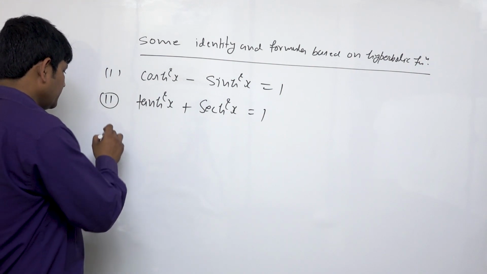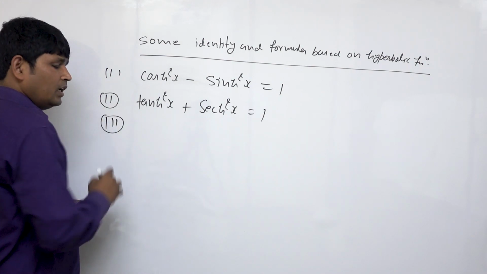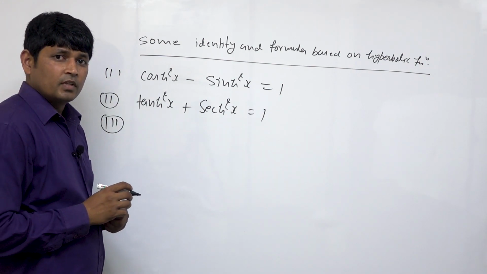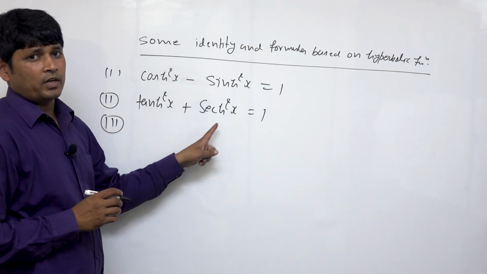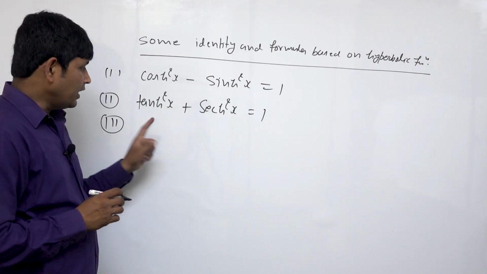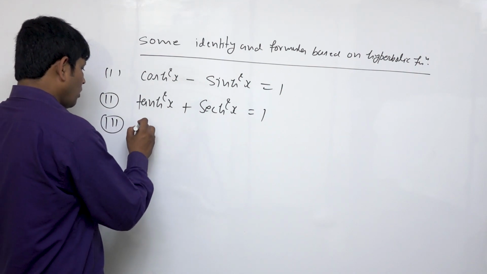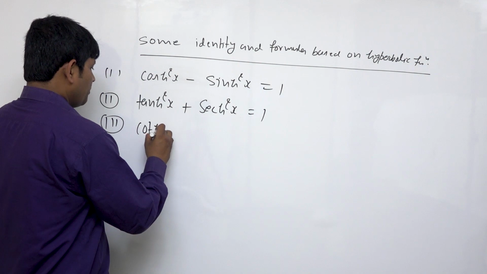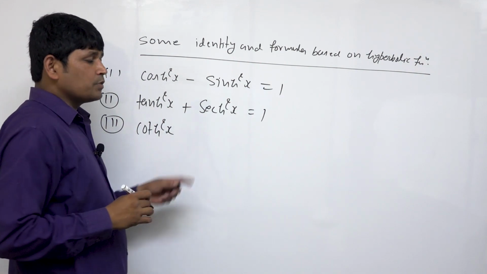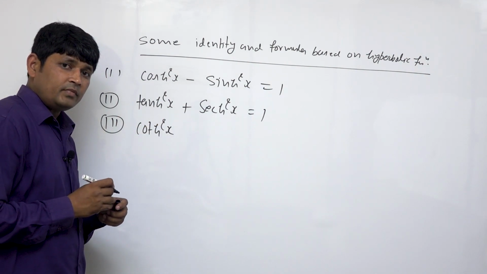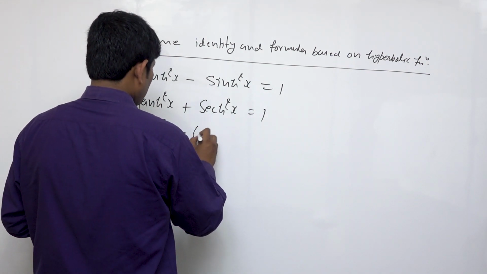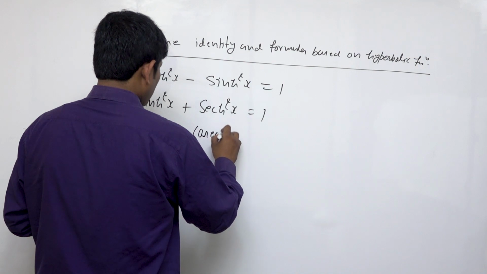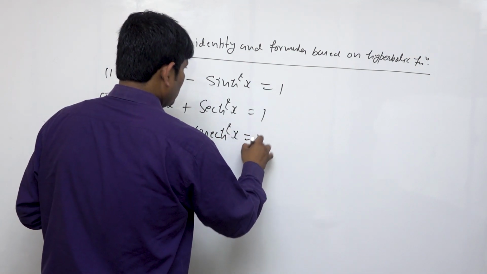Just a little opposite here. In the case of cot, cosec: coth squared minus cosech squared is equal to 1. In the case of coth squared x, here we have minus cosech squared x is equal to 1.